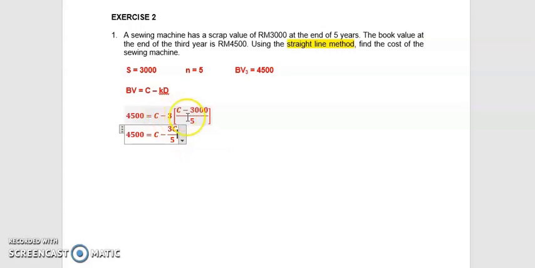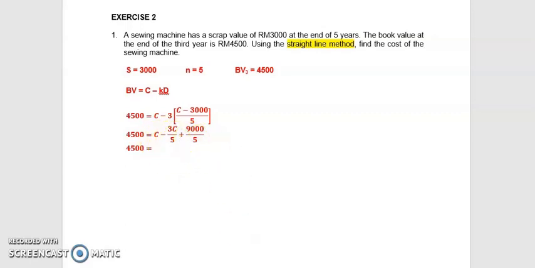Negative, negative, positive. 3 times 3,000, 9,000 over 5. Okay, so over 5. Everything inside bracket here is over 5. Okay, simplify this one, C and C. So C minus 3C over 5 equal to, so C means 1C, okay?